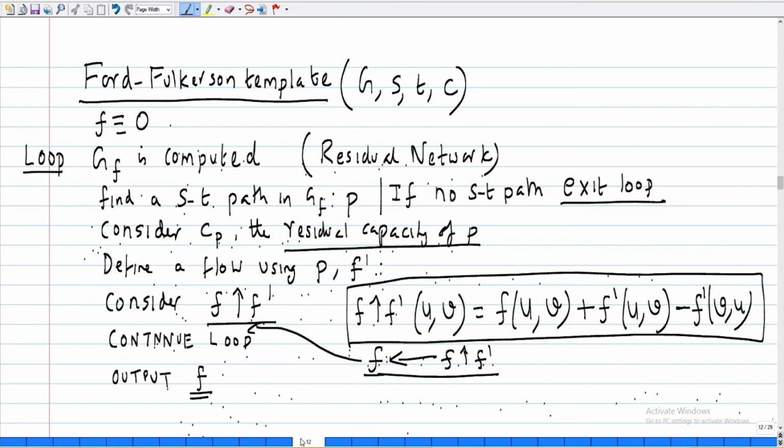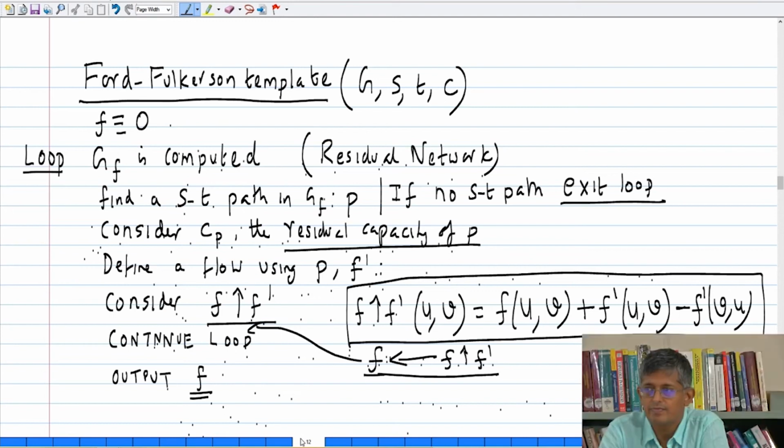You compute GF, you find a path. If the path is there, what can you say about the residual capacity of the path? Can the residual capacity be 0? Is it more than 0? Is it less than 0? What is it? It is greater than 0, not equal to 0. So you have a flow F, you compute the residual network and you take a path in the network. In the network, if an edge has capacity 0, it means the edge is not there.